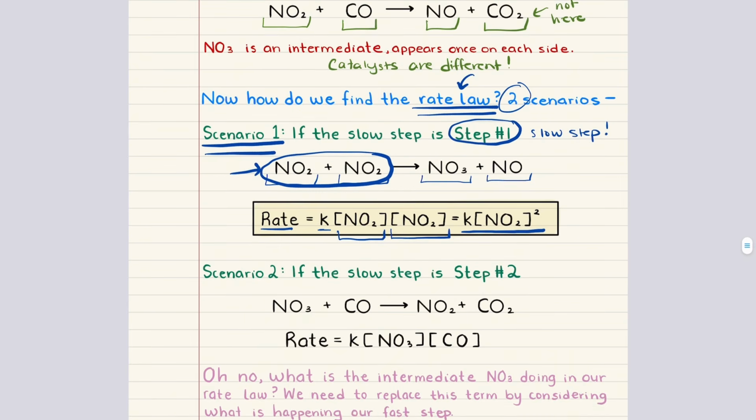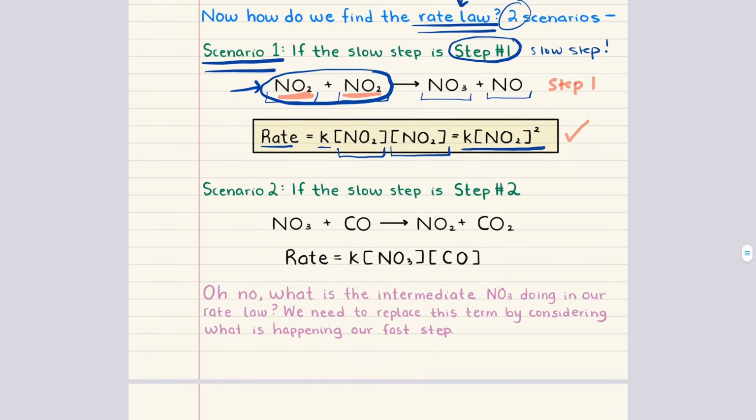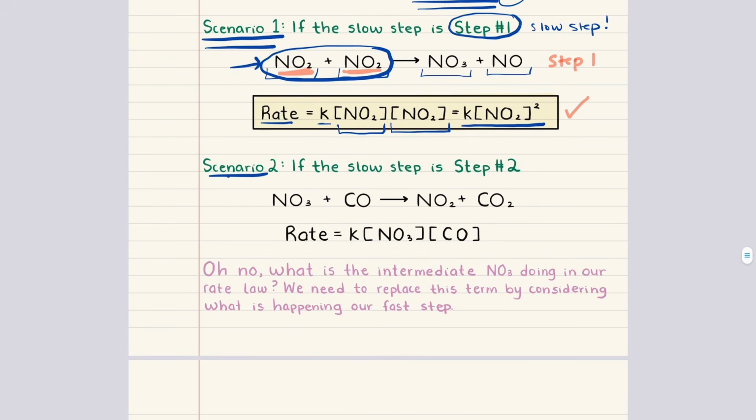This situation is straightforward because the slow step involves only reactants that appear in the overall reaction. So we don't have to worry about intermediates. Therefore, writing the rate law based off of this slow step is perfectly fine as is, and there's nothing else we have to do.